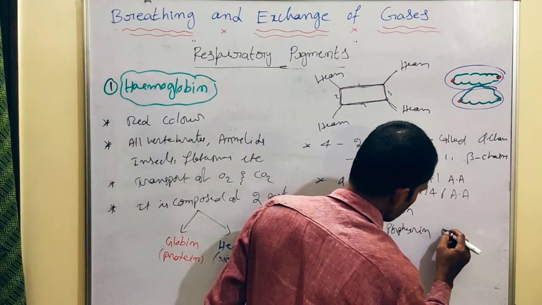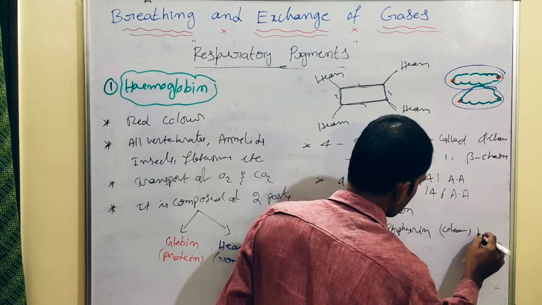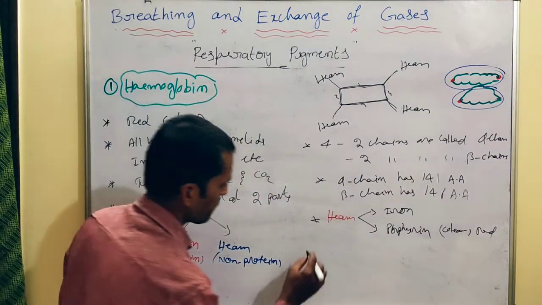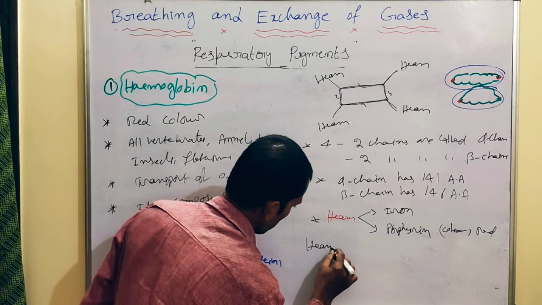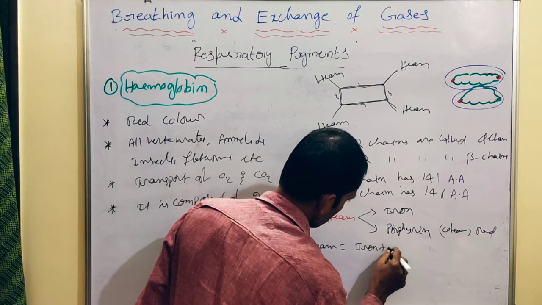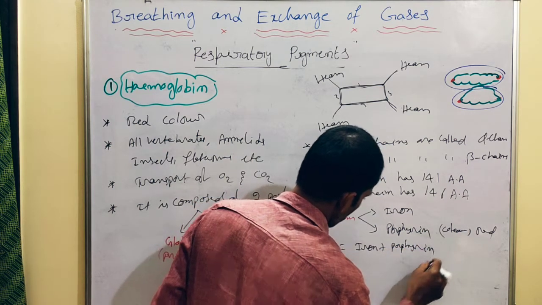Porphyrin is the color giving substance, that is red color. Heme equals metallic iron plus porphyrin.